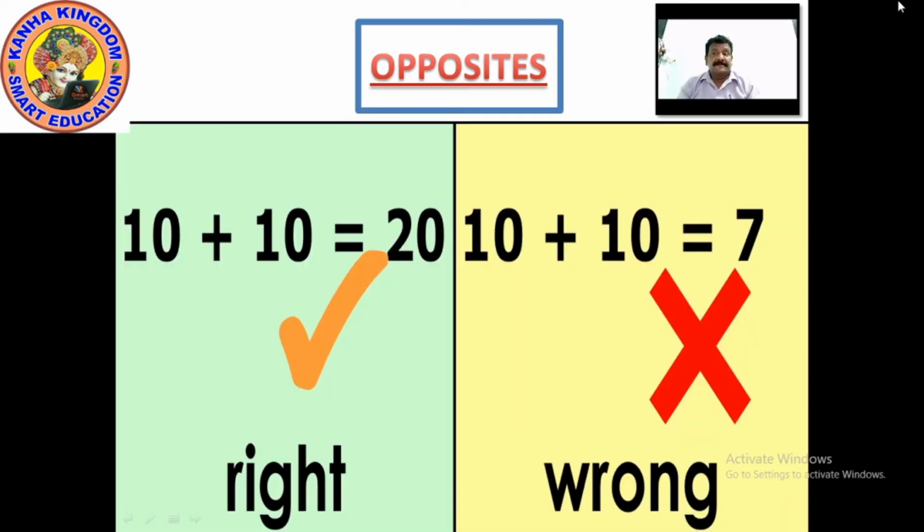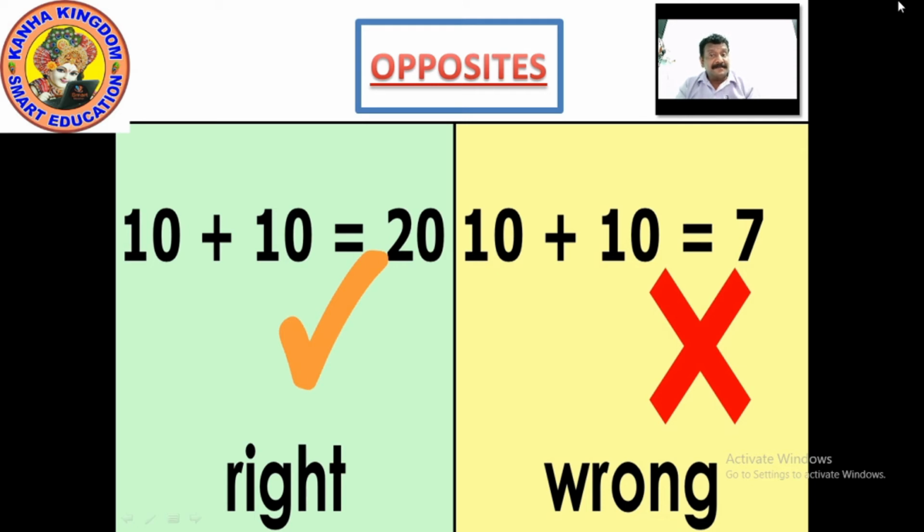Now look at the opposites. Right, wrong. Earlier we have seen right, left. Right and left, there were two directions which were shown. Now this is right, wrong. 10 plus 10 equals 20. Is it correct? Yes, that is right. Now look at the right one where it says 10 plus 10 equals 7. Is it correct? No, it's wrong.